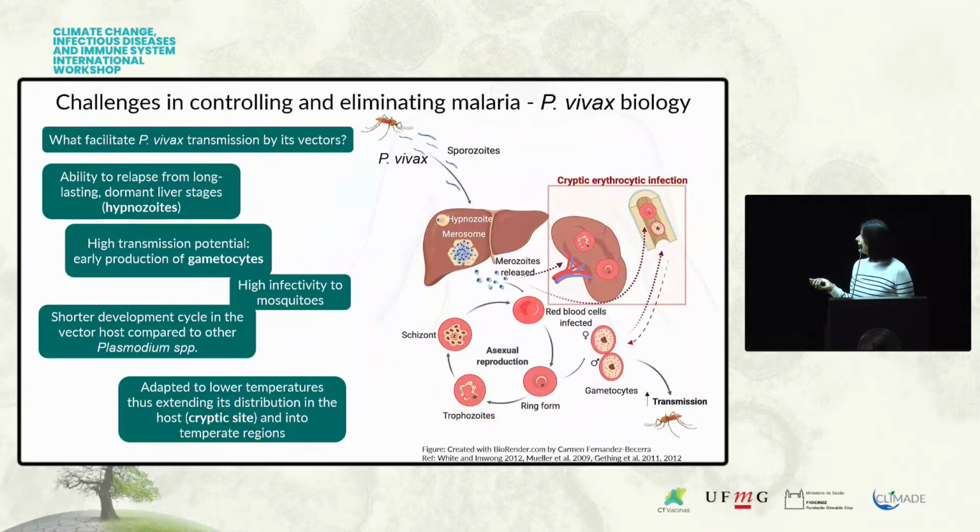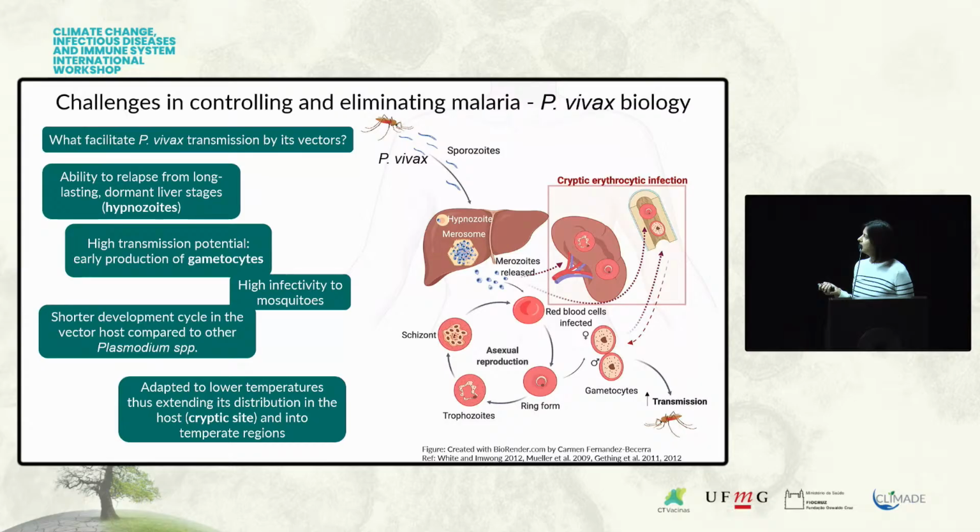And there are also a lot of particularities of Plasmodium vivax that make the control and the elimination of this parasite a challenge. So I'm going to go a little bit quick here, but vivax parasites have the ability to relapse from long-lasting dormant liver stages.